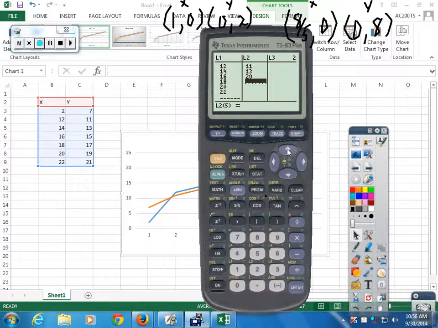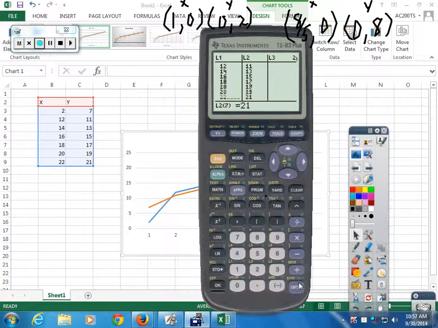And then the next set is 7, 11, 13, 15, 17, 19, and 21.